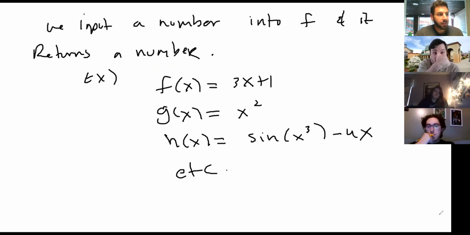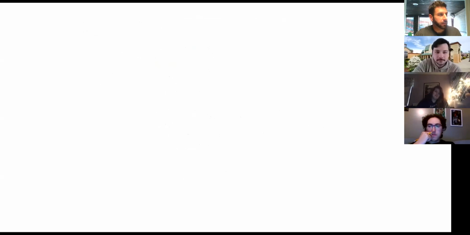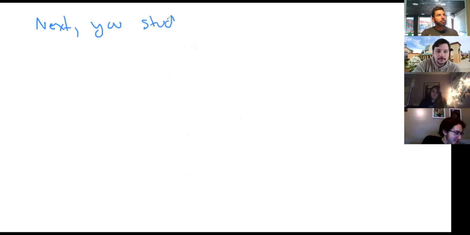Including calculus. Okay, so the next type of function we learn, we'll switch colors for the heck of it. We do this briefly in Calc 2, but mostly this semester. So next, you study functions that take a number, but spit out either 2 numbers, 3 numbers, 4, which we usually wrote in terms of a vector.